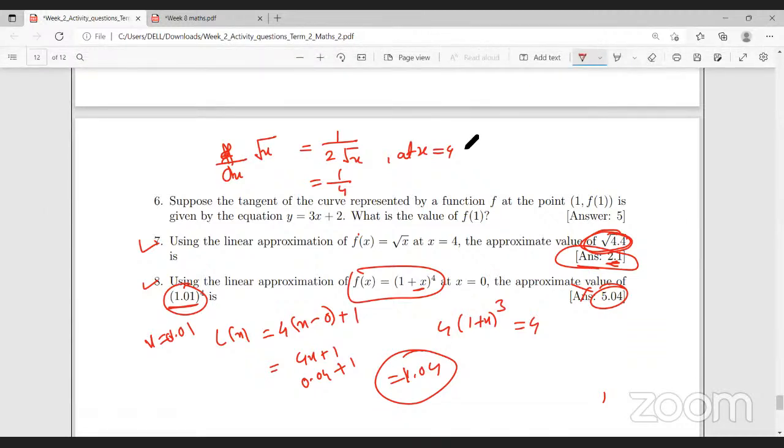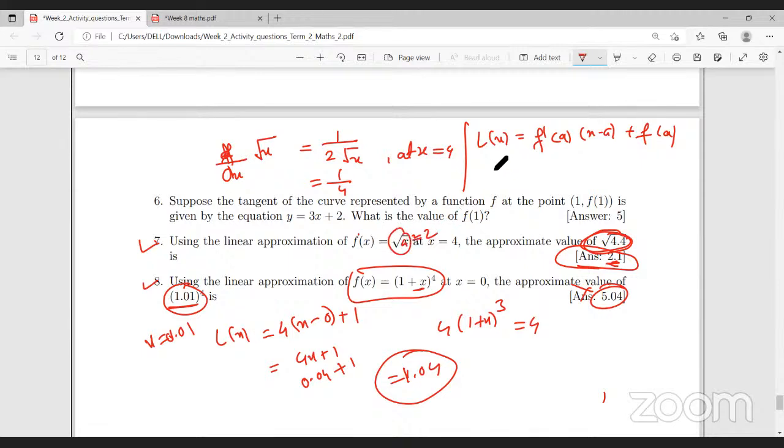What is the linear approximation formula? f dash of a times (x minus a) plus f of a. So f dash of a will be 1 upon 2 root x. At a equals to 4, it will be 1 by 4. So 1 by 4 into (x minus a) plus f of a, which will be 2, right?